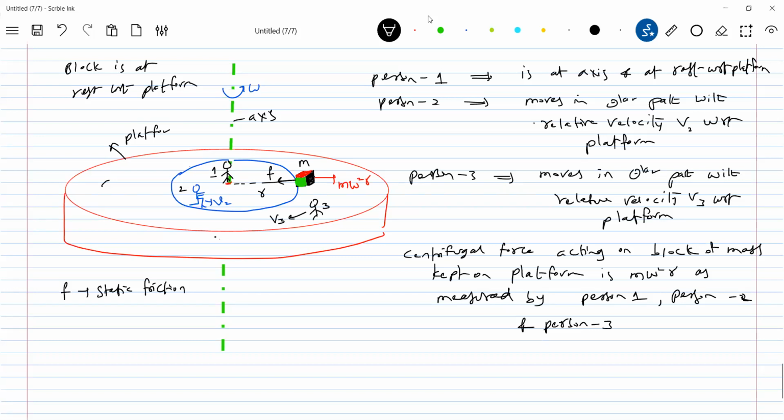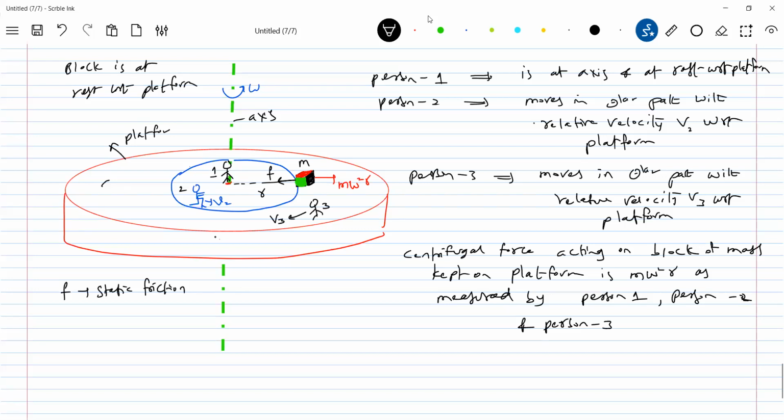Sir, what if that observer is accelerating with respect to the platform? Then you can say the pseudo force is acting. But when you say centrifugal, it's all about the rotating platform only. It's independent of the observer and the observer's motion. Where the observer is, you need not bother.